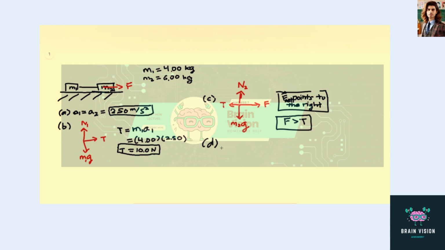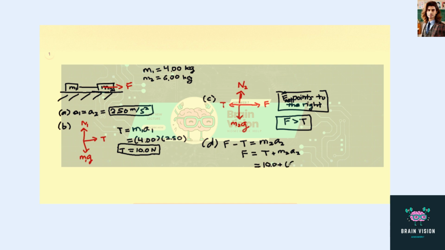And then lastly, in part D, we want to know what the magnitude of that applied force is. So we can do a similar procedure to part B, and tally up Newton's second law for mass 2 in the horizontal direction. So those forces are F minus T is equal to m2 times acceleration 2. So before we plug numbers in, let's go ahead and add T to both sides, rearrange a little bit so that we can isolate and solve for F. So for T, we solved for earlier, and that is 10.